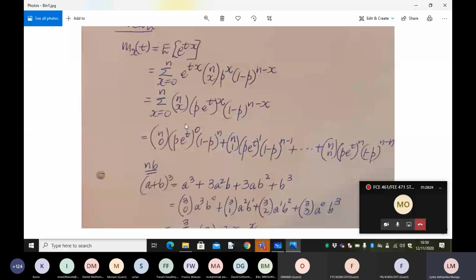Now, if we expand this third line, when we start from 0, we shall be talking about n combination 0, p, e raised to t, and everything is raised to 0, and then 1 minus p raised to n minus 0, which is just n.